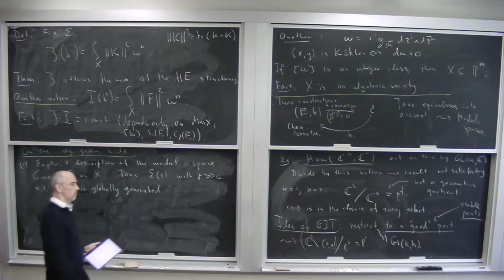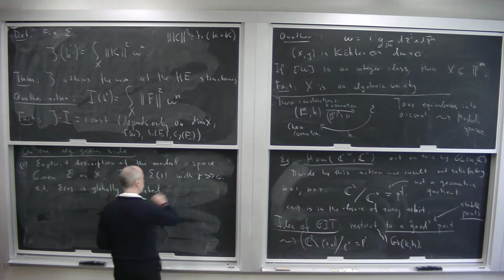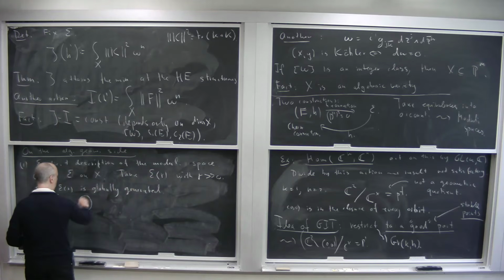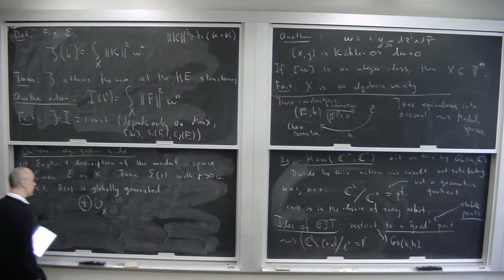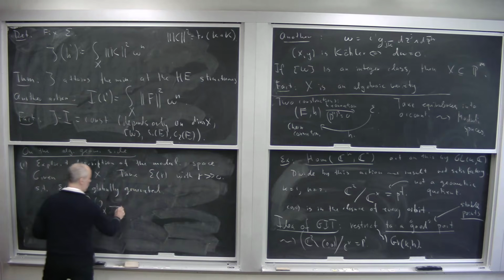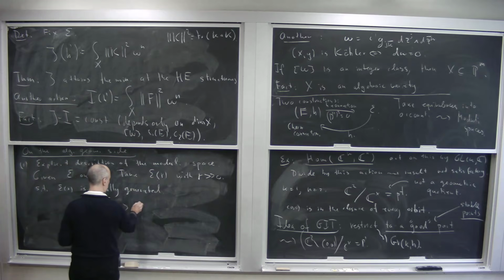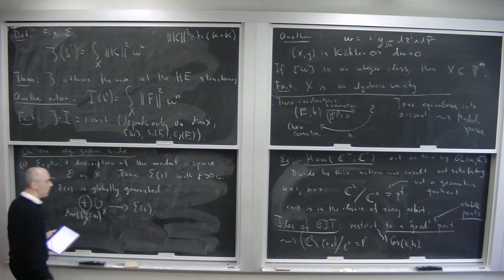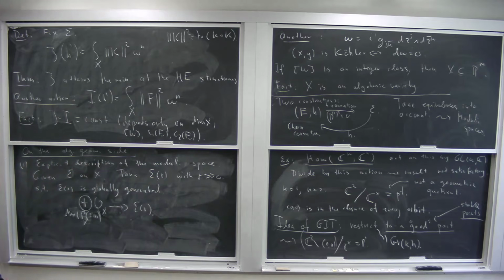And then, because it is globally generated, you have the sum of the structure sheaf of X, with multiplicity the dimension of the global sections of E(R), mapping surjectively onto E(R).